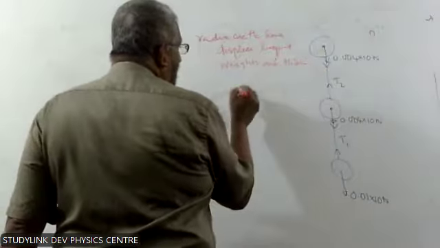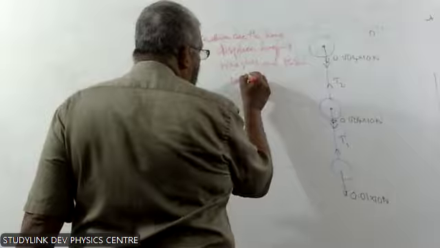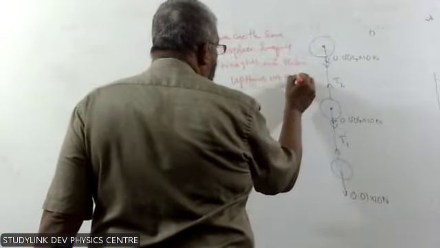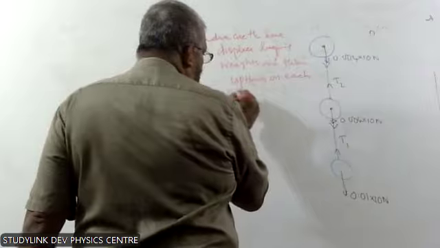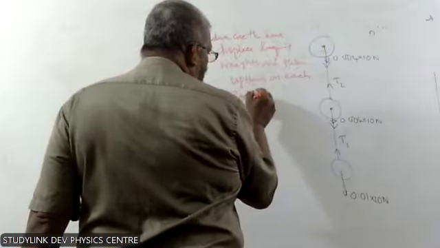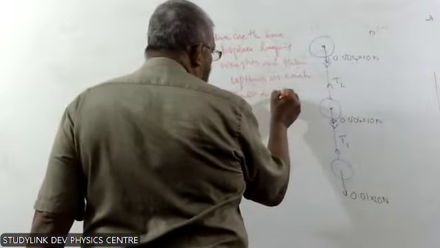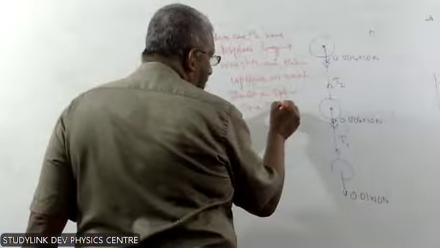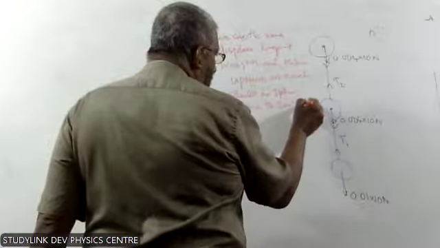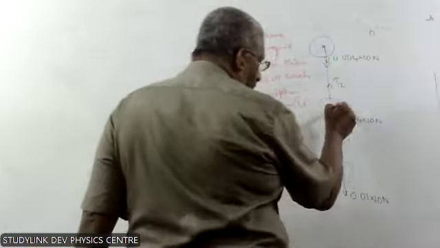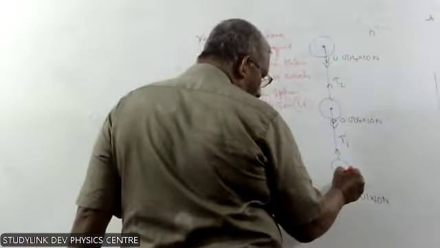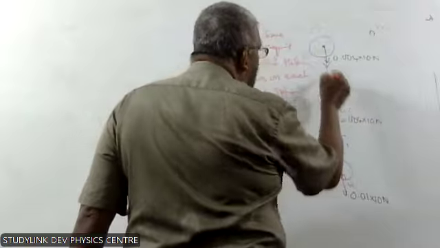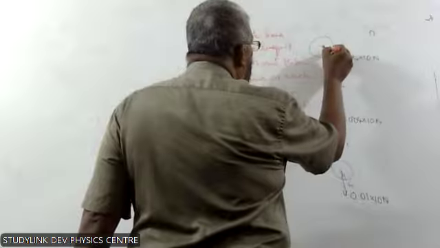Therefore, upthrust on each shell and sphere are the same. We'll say U. Then you mark U here from the center upwards, U, from the center upwards, U.